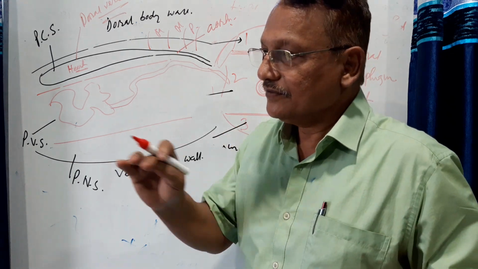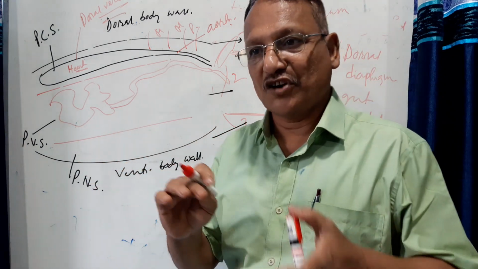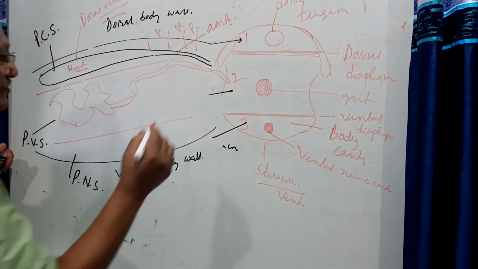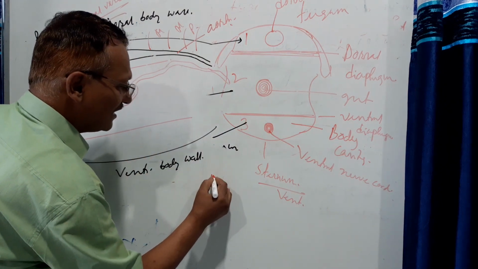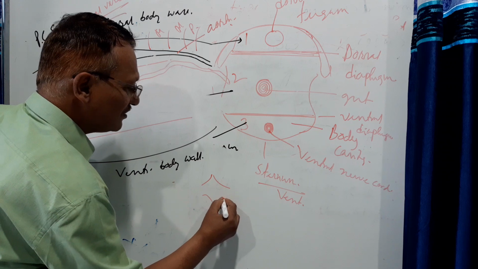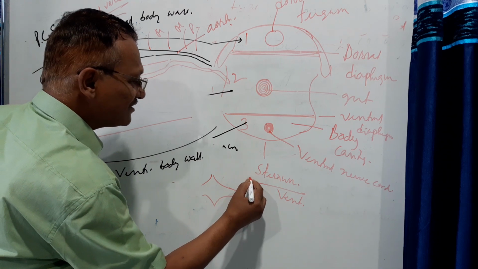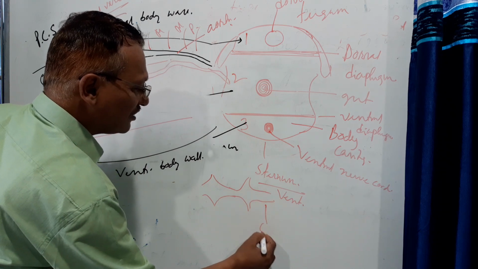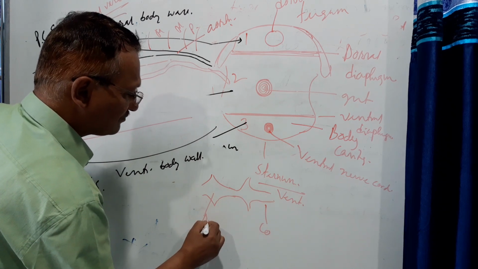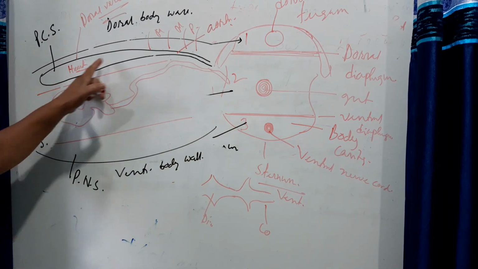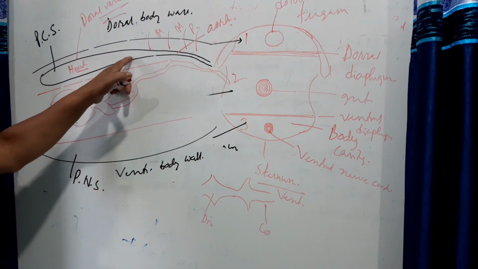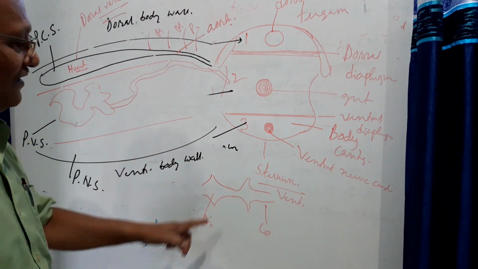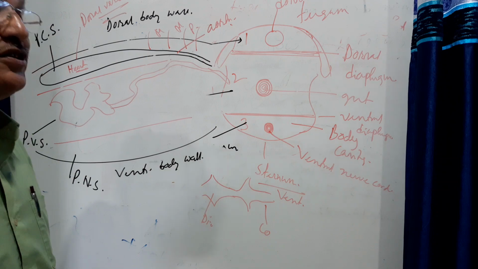The linear dilations are joined with constrictions, just like this: dilation, constriction, again dilation, again constriction, again dilation. So this part of the dorsal vessel, that is the heart, is provided with dilations and constrictions, and these are provided with ostia.